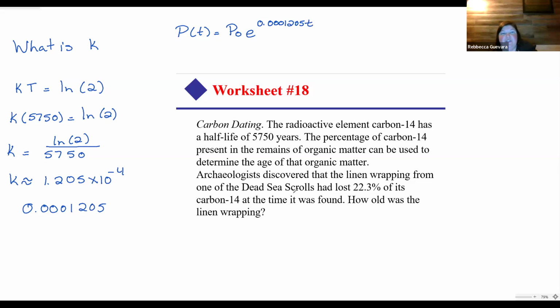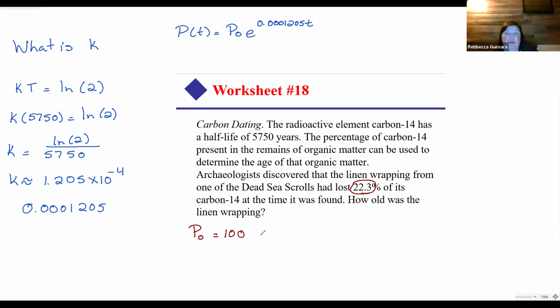So the next part of this is just figuring out what we have for P sub t and P sub 0. So remember, we lost 22.3%. So you can pick some arbitrary number, and it's usually easy to pick 100. Let's say P sub 0 was 100. There were 100 carbon-14s inside.